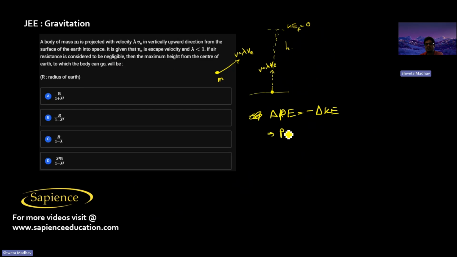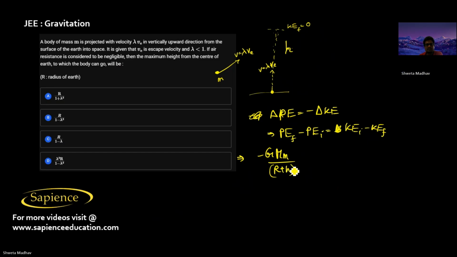So the final potential energy minus the initial potential energy is equal to the initial kinetic energy minus the final kinetic energy, since loss means initial minus final and gain means final minus initial. Therefore, the final potential energy when it reaches a height h will be equal to minus GMm by r plus h. Only the maximum height from the center of the Earth has been asked.